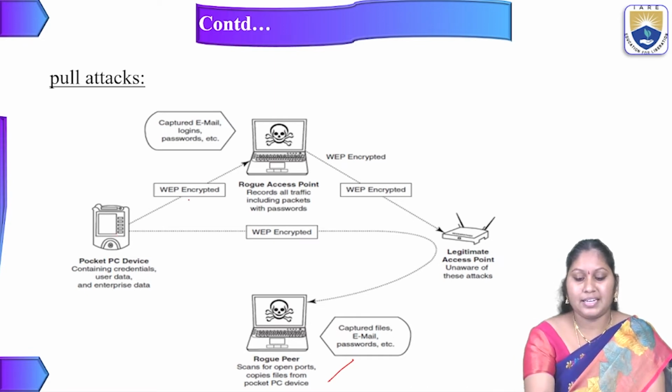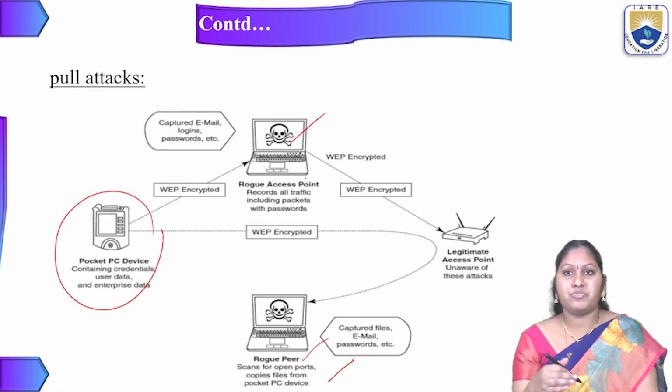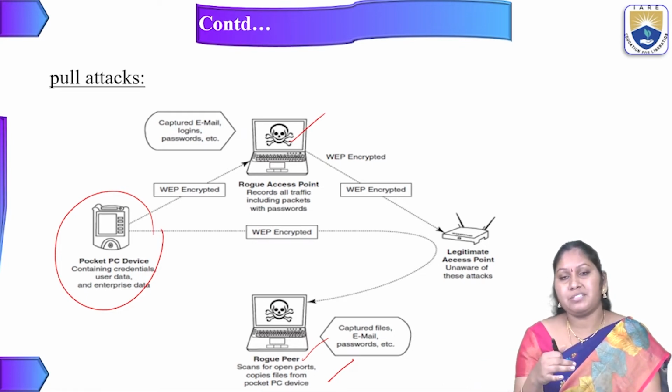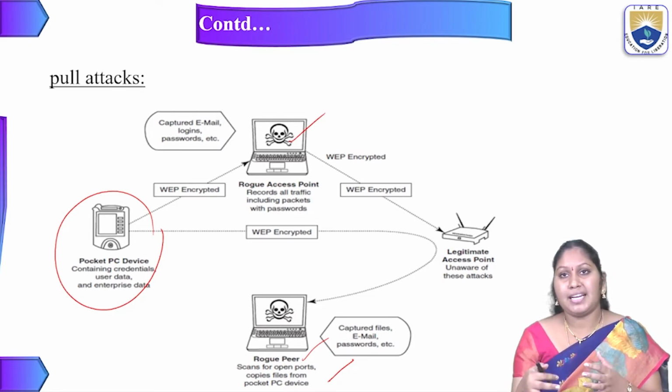If the PC is connected to the rogue access point and the rogue peer, they both will try to capture the email, logins, and passwords. They pull the details from the pocket PC device. Okay, so it is nothing but pull attacks.